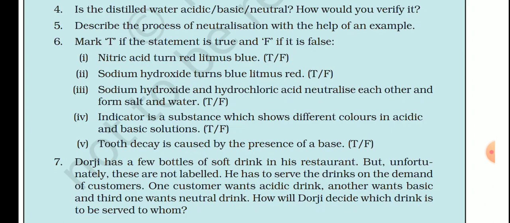Similarly, he should use red litmus paper to test basic drink. If the litmus paper turns blue, then the drink will be basic, and the neutral drink will have no effect on the litmus paper. Full stop. In this way, he can decide the nature of the drink.